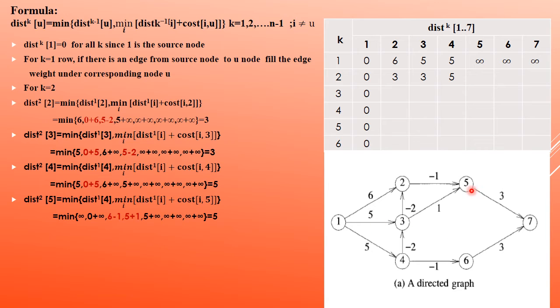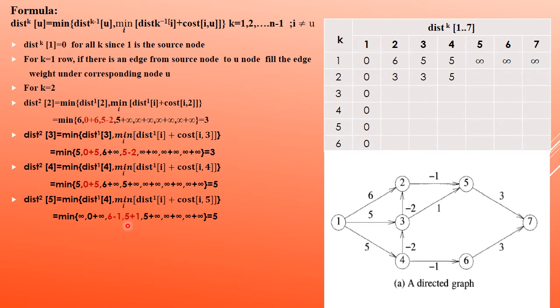Now 5 can get an edge from only 2 and 3. So I am showing only that, because remaining, whatever you try, is going to give you infinity. So previous distance for 2 is 6, you write here, and 2 to 5 there is an edge, so minus 1.